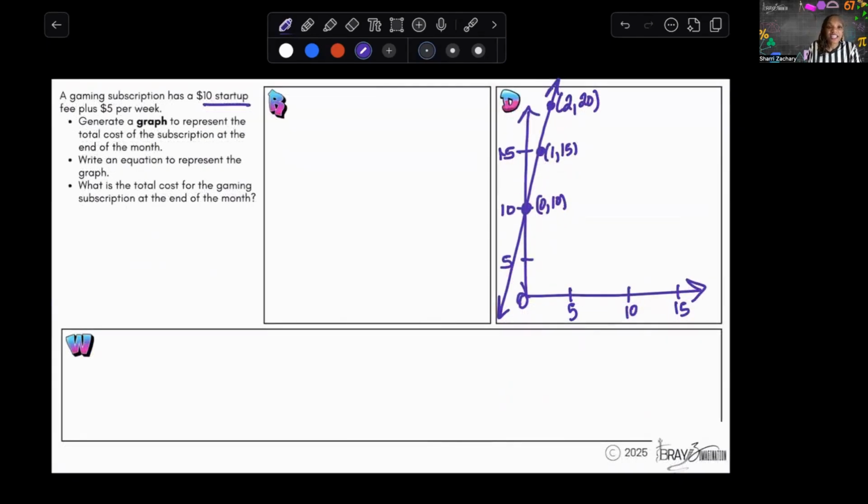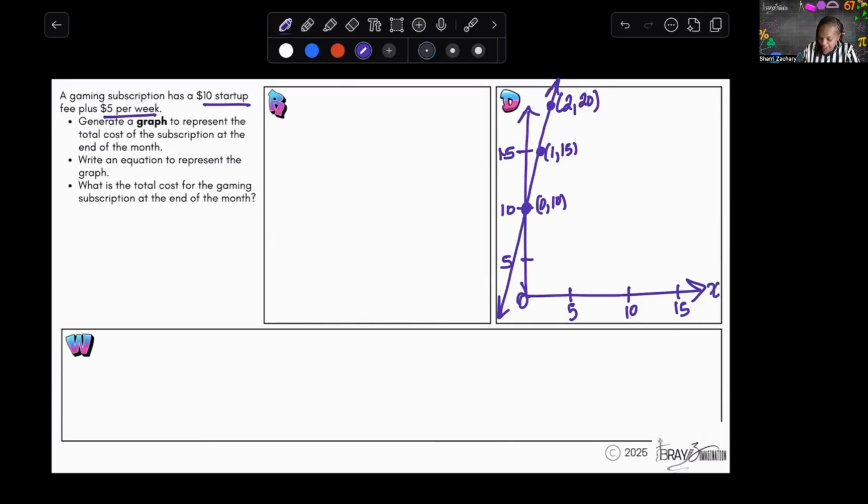So again, I applied my rise over run. I see here that I have $5 per week. So 5 for every 1. So an increase 5 up for every 1 week.